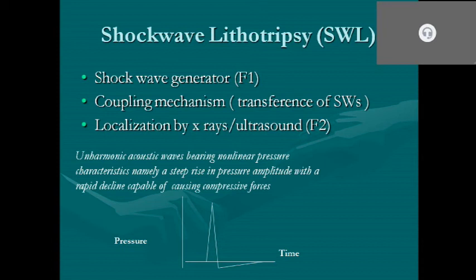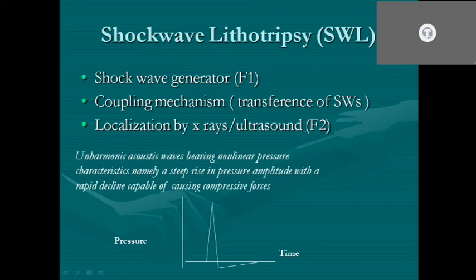The coupling mechanism can be air or generally a lubricant jelly, which facilitates the effective delivery of shock from the machine to the patient. So the shock wave machine will be there, and there will be a pack fitted to the patient's back over a lubricant surface, and then you can localize the stone.